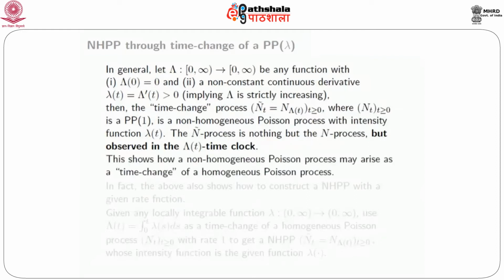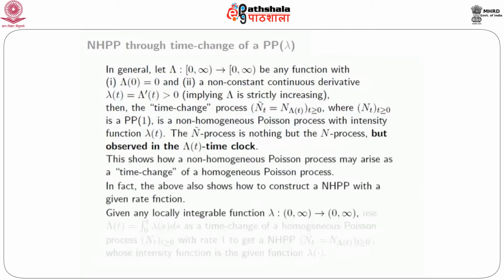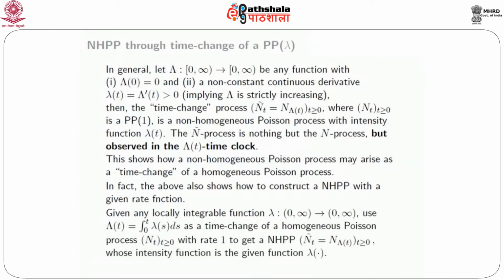So it's just a matter of writing that as an integral of a function, and since capital Lambda is assumed to have a continuous derivative, you can write the increment capital Lambda t minus capital Lambda s as the integral from s to t of little lambda u du. So that's how the intensity function comes into play.